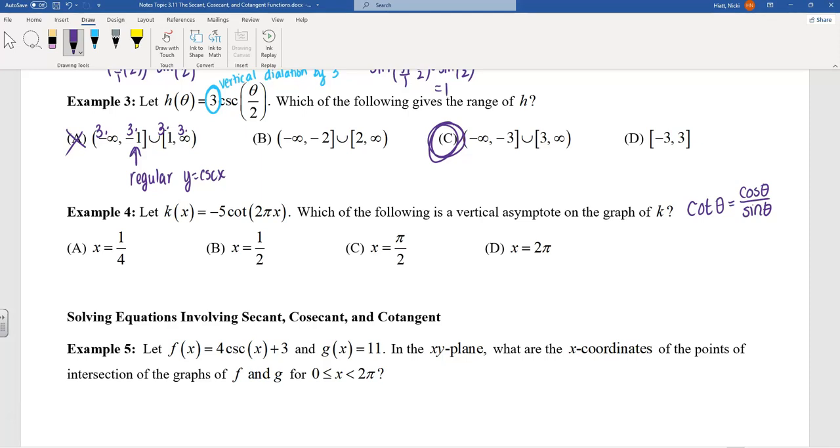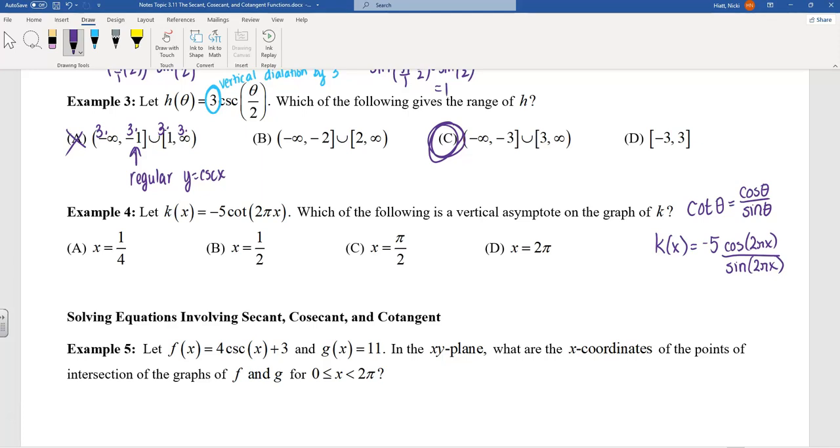And so, in this case, our k of x is going to be -5 times cosine of 2 pi x over sine of 2 pi x, like that.